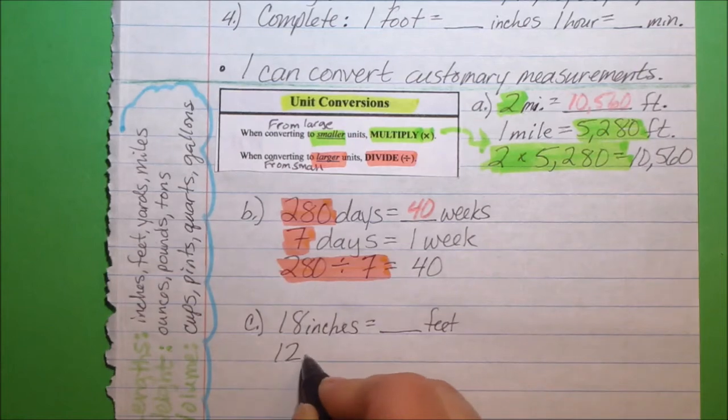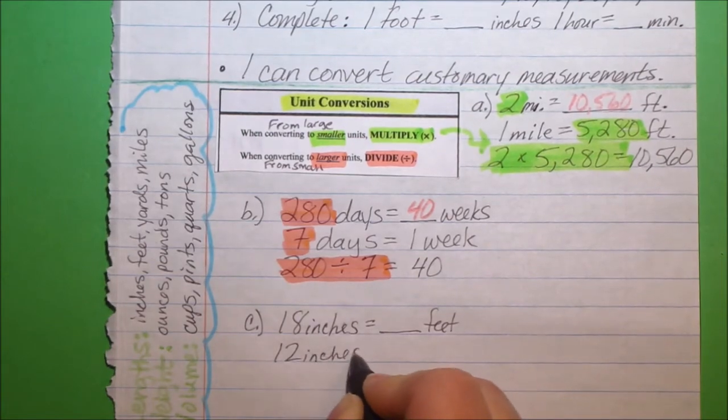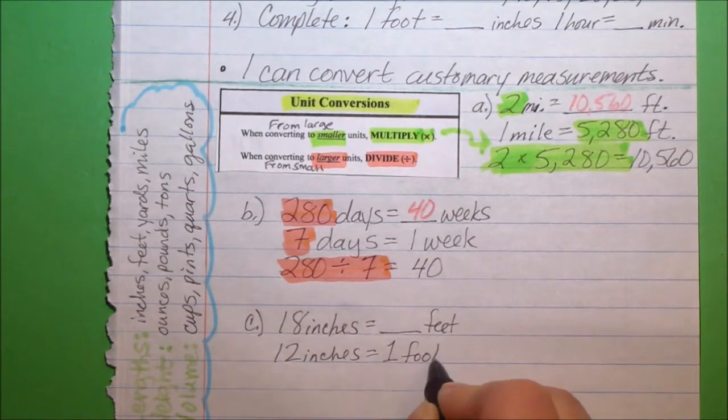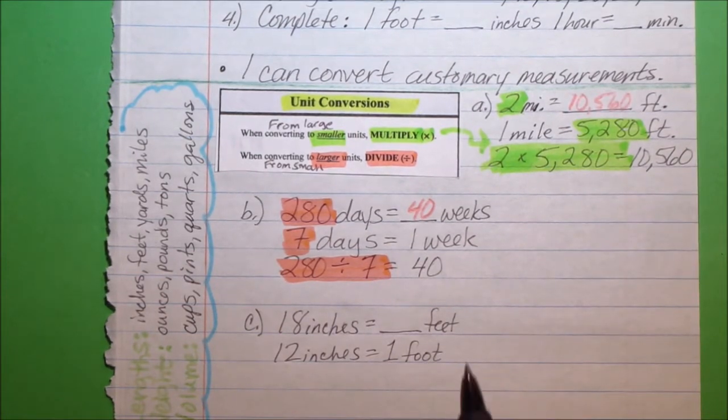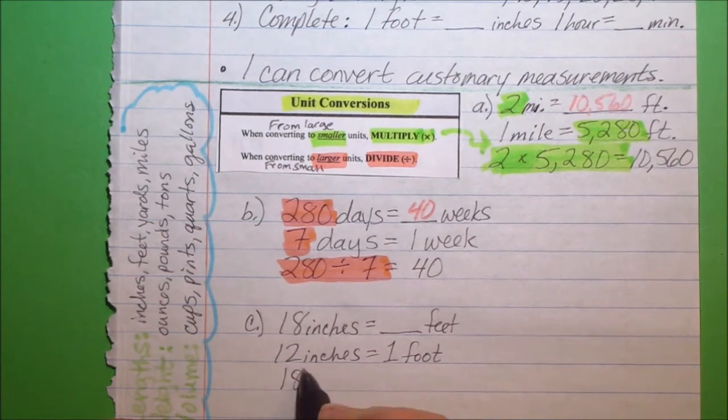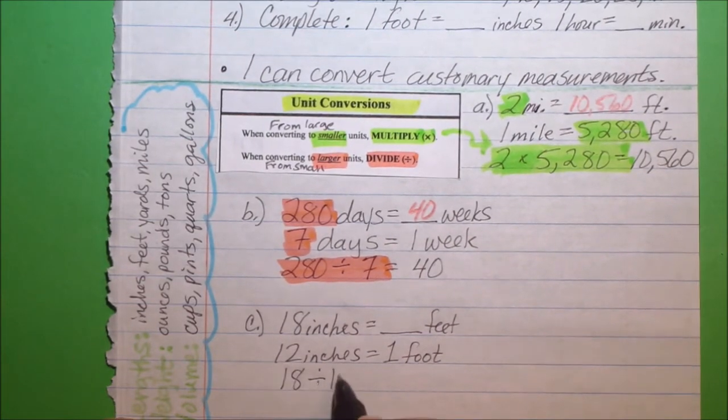So 12 inches equals 1 foot. Right? You're always trying to get back to what is one of what you're trying to convert to in order to figure out how many in the conversion. So 12 inches equals 1 foot. I know that. So that means I'm going to take 18 and divide it by 12.